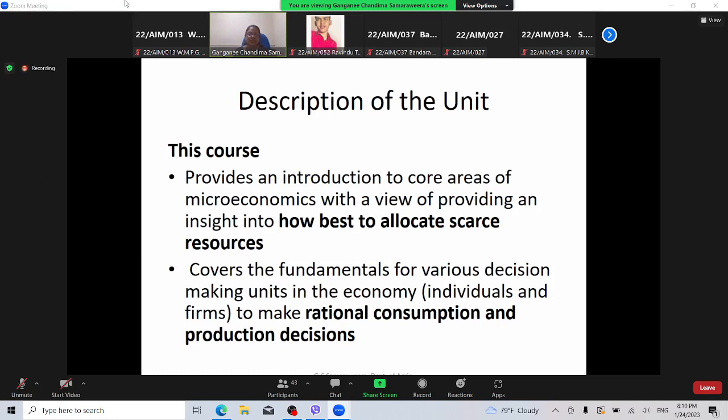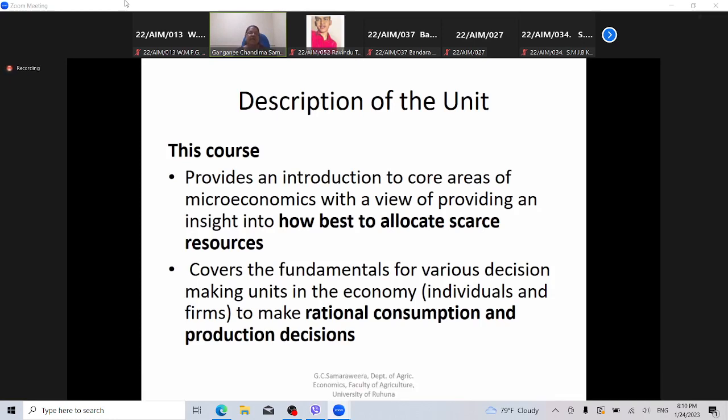So we are going to deal with individuals and firms in order to make rational consumption and production decisions. We are going to learn these words one by one. What is rational consumption? What is rational production? These decisions are very important in microeconomics.